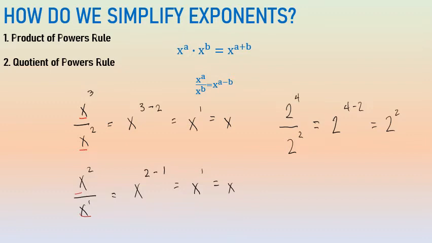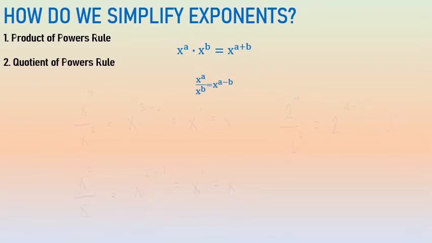What if this time, ganito naman? What if, for example, meron tayong ganito. Ayan. Ito, medyo kakaiba na ito, class. Unlike product of powers rule, wherein sa product of powers rule kasi, meron tayong two same bases being multiplied with each other. This time, we still have multiplication.